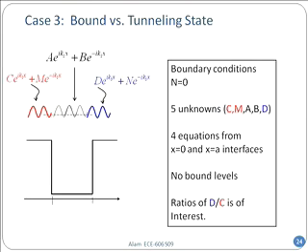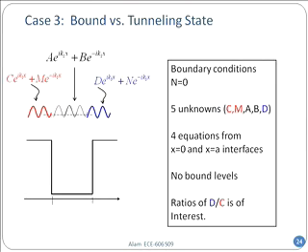So I have these three regions, and I write the solution in each of them. But the distinction is that now all three regions are above the potential. Therefore, my solutions are all of the e to the power ikx and e to the power minus ikx form, right? So I have those three solutions.